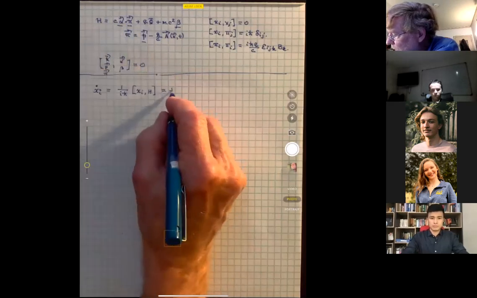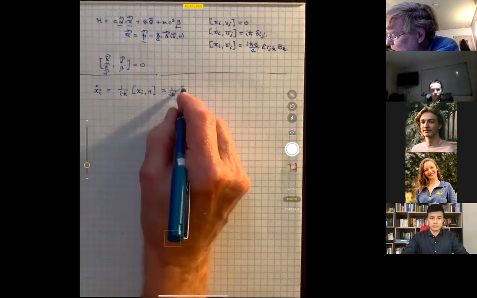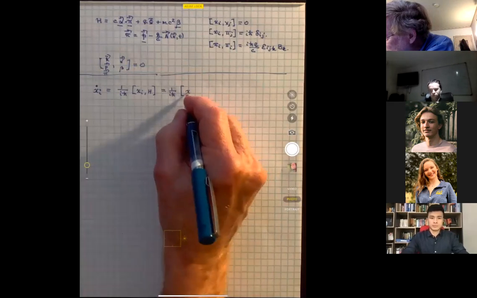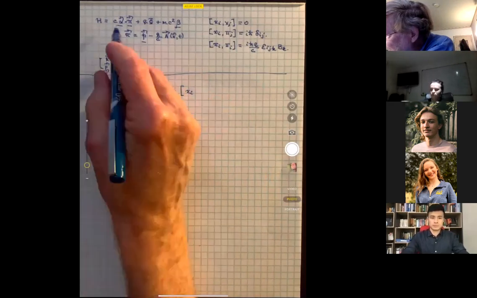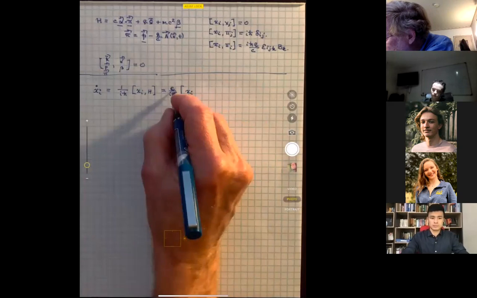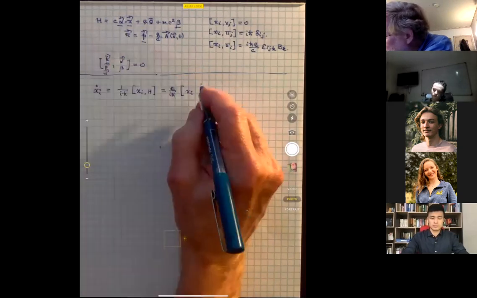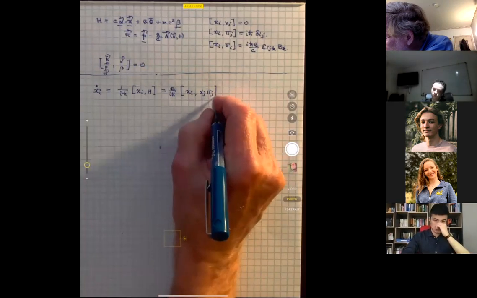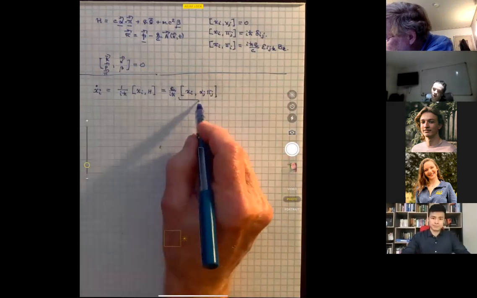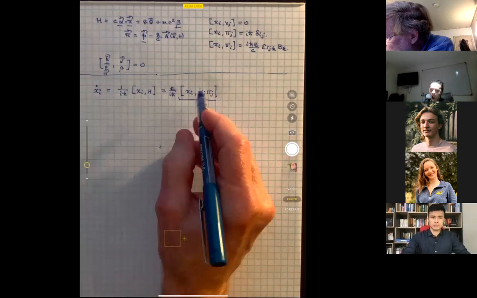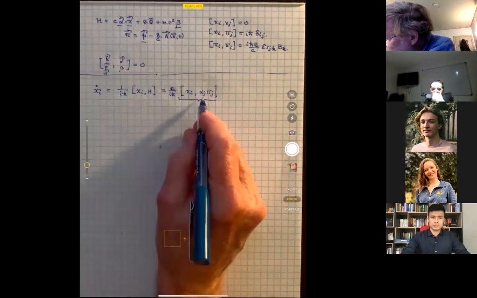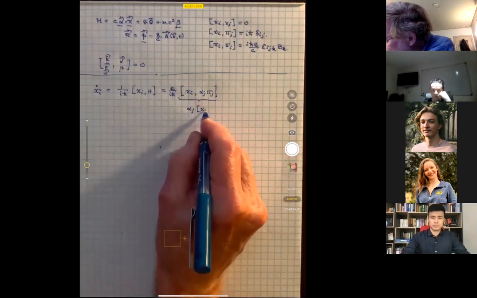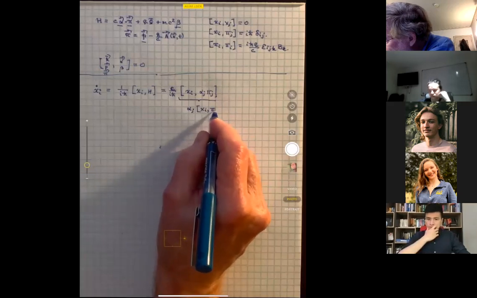So this becomes 1 over iħ times the commutator of xᵢ and the α dot π, and there's a factor of c that comes out. And the α dot π, let me write this as αⱼπⱼ. All right. Now, this commutator is easy because x commutes with α, so you can bring the α out of the commutator. This is αⱼ times the commutator of xᵢ with πⱼ.